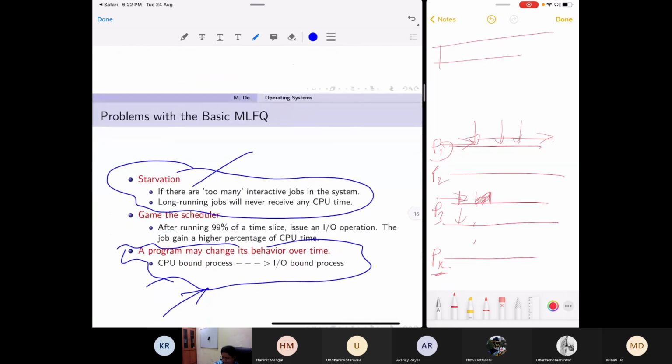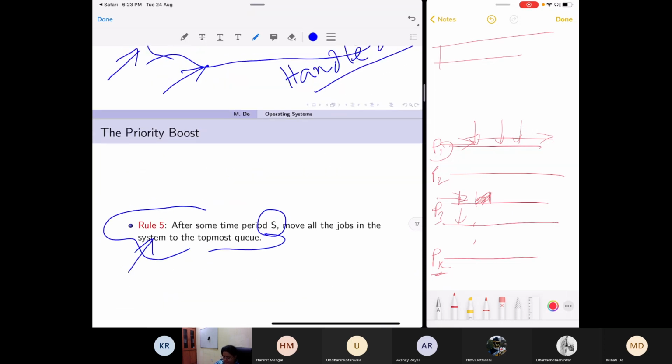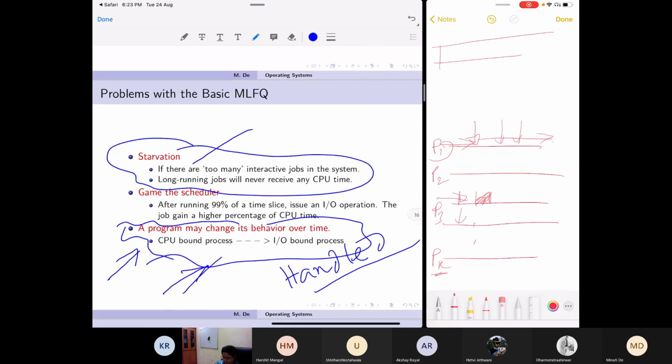But if you make that rule, how about this third situation? It is also automatically handled. This fifth rule, which we just designed, is also handling this situation.